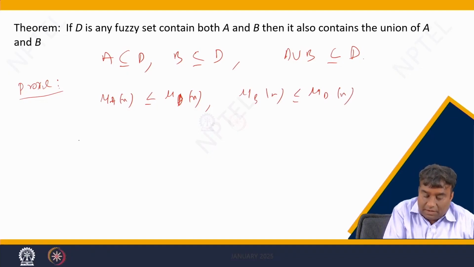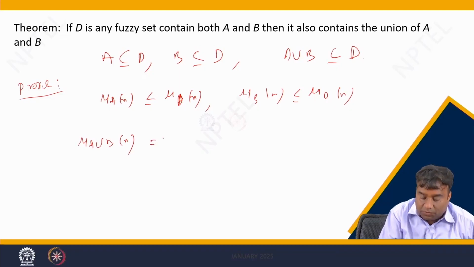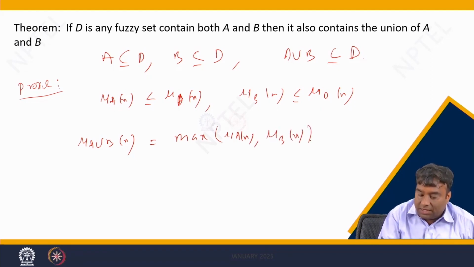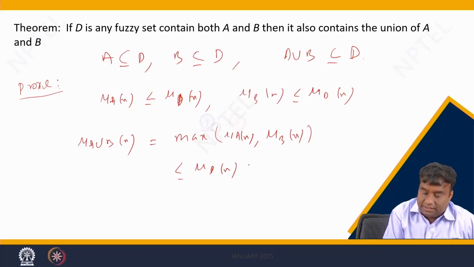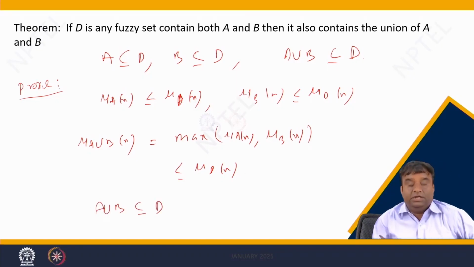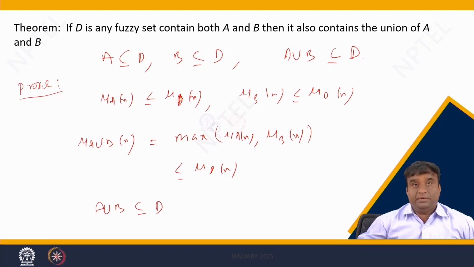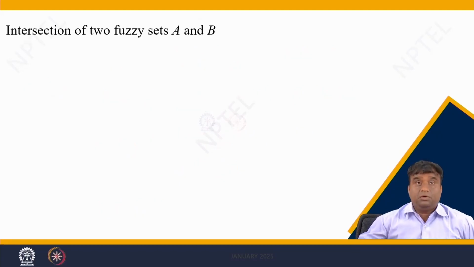Now the mu of A union B(x) is equal to the maximum of mu A(x) and mu B(x), so this is also less than or equal to mu D(x). So we can say that A union B is also a subset of D, or D contains the union of A and B.